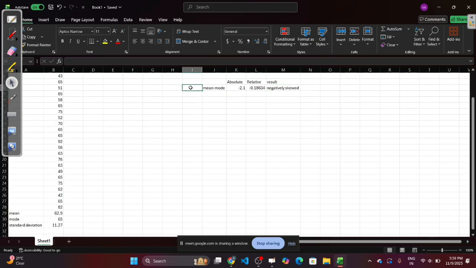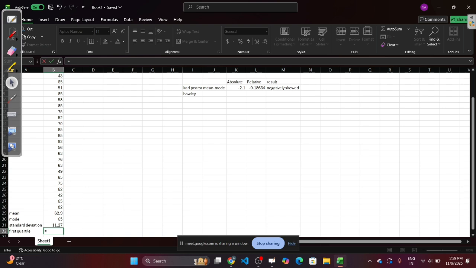Now the second method was by quartiles. This is called the Karl Pearson measure. Next is Bowley. For Bowley you need quartiles. Now we find the quartiles here. First quartile Q1. I write first quartile. First quartile is equal to, the function is quartile, select the range again.